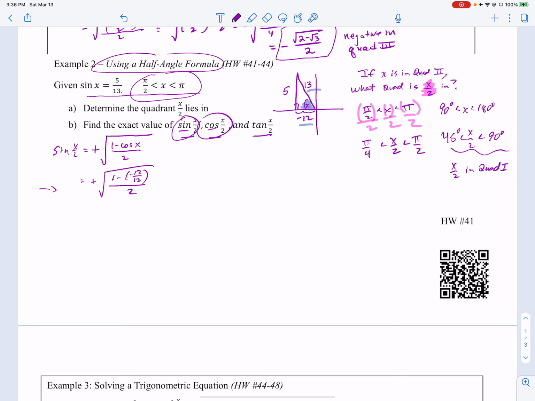Once you get to here, you've done the trick. It's a matter of, can you simplify it from there? And so that's going to be a 13 over 13 plus 12/13 all over 2. We have a 25/13 all over 2.